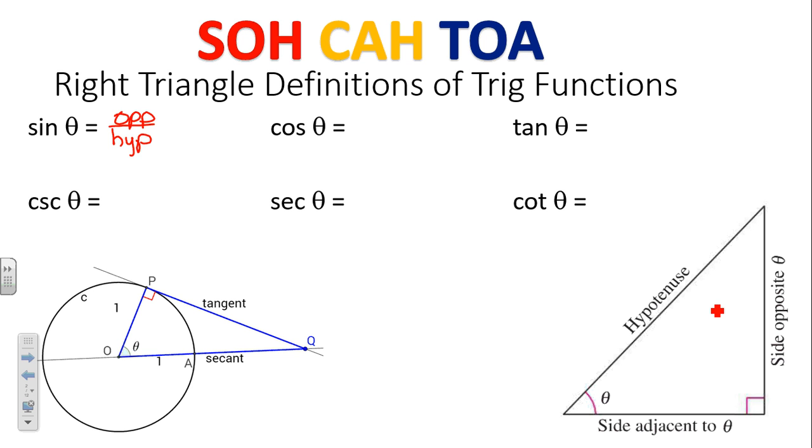Cosine is the ratio of what over what? Adjacent over hypotenuse. The A is for the adjacent, and the H is for the hypotenuse. And TOA, tangent, is the abbreviation for opposite over adjacent.